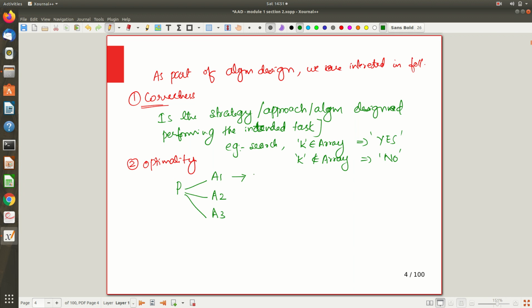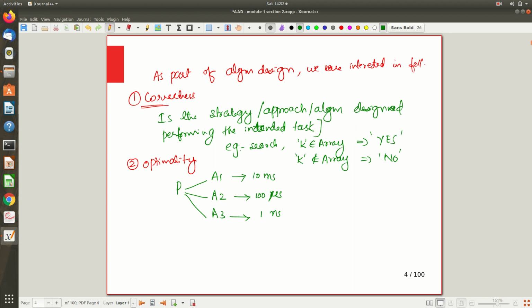We observed that algorithm 1 is taking some 10 millisecond of time, this one is taking some 100 microsecond of time, and here at this point I improved the algorithm in such a way that it takes maybe 1 nanosecond of time.